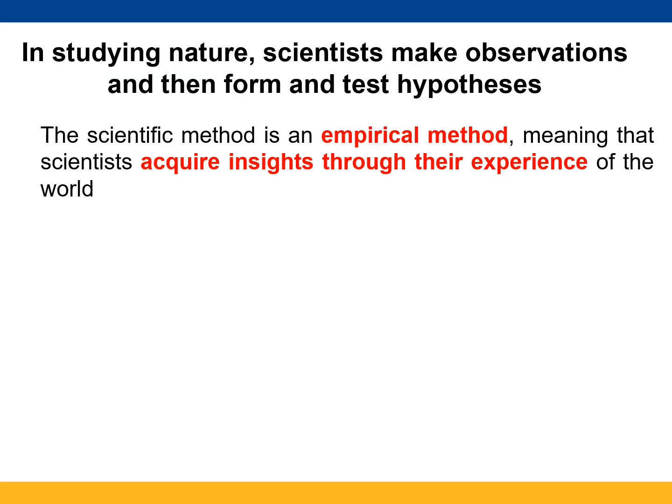Now, another important point that I want to tell you is that the scientific method is an empirical method. It's empirical, so science gets insight from experience of the world. Not all fields use this, but in science it's very important. For example, in philosophy, some types of logic, in math, they don't need it. In art, you don't need a scientific method, and they are valid fields.